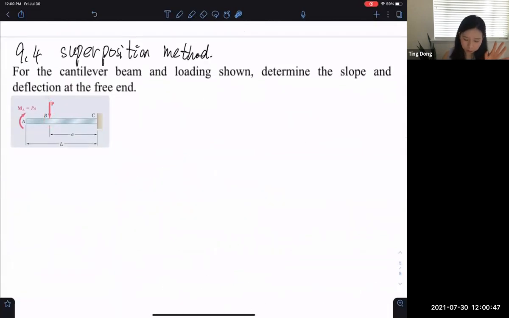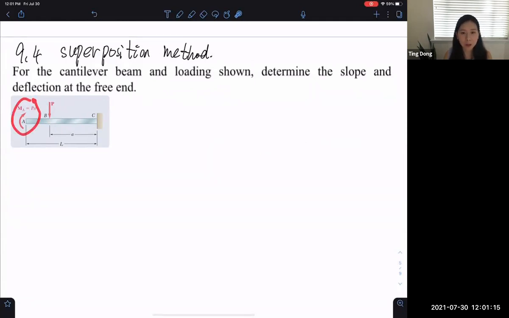But if we want to find an extra method that makes the calculation part easier, what we can do is separate this into two loading conditions. One is force: we calculate everything as if only force is applied. The other is bending moment: we calculate as if only bending moment is applied.